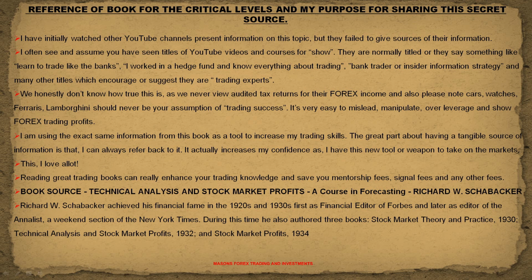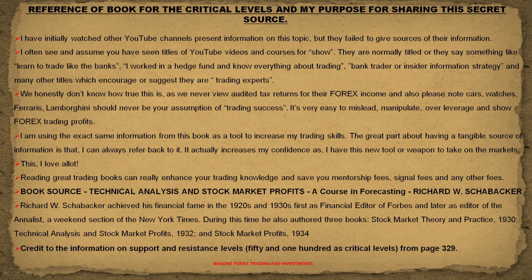So this is the book I've used as my reference. So this information I'm going to give credit for. It's support and resistance levels, in the chapter called 50 and 100 as critical levels from page 329.